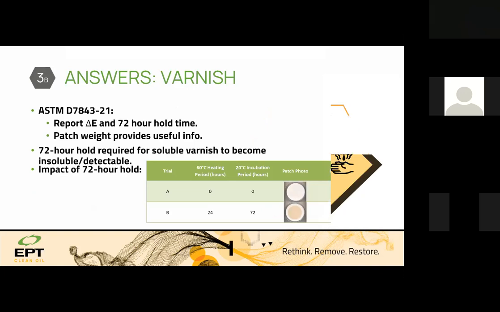We need to reset the oil. Resetting means when we take the oil to the lab, we need to heat it at 60 degrees for 24 hours, and then 72 hours we need to hold it.